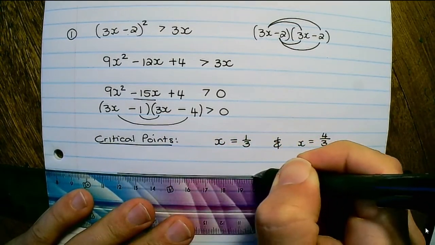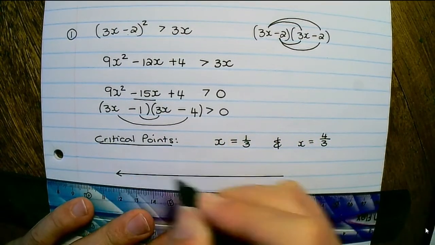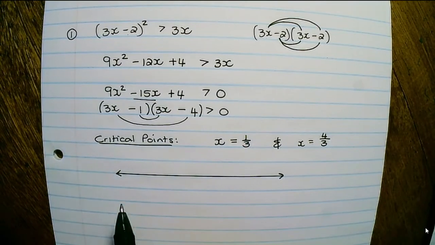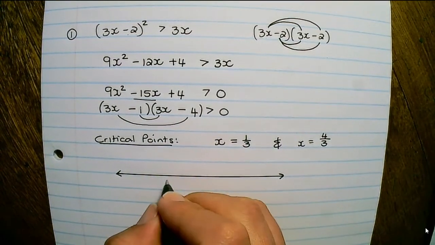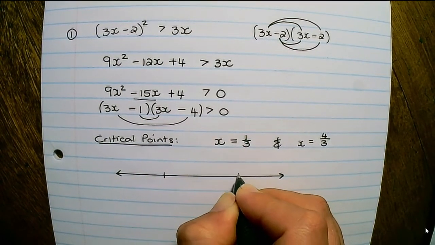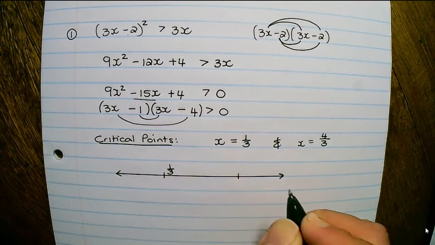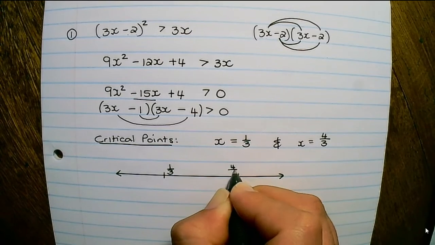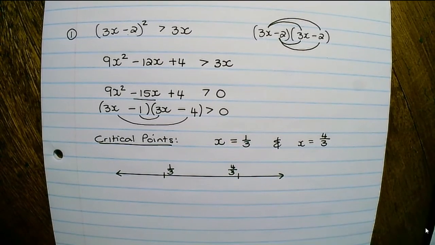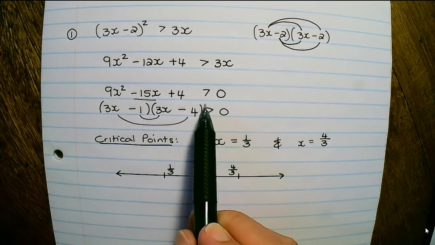Now I can represent those critical points on a number line. So the smaller value would be on the left and the larger value on the right. So a third is on the left and 4 over 3 is on the right. And I want to determine where the graph is bigger than 0.